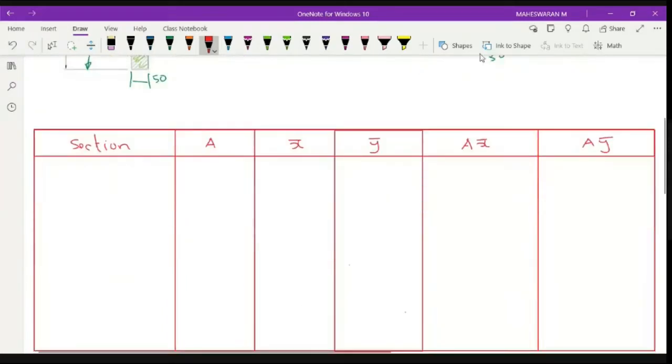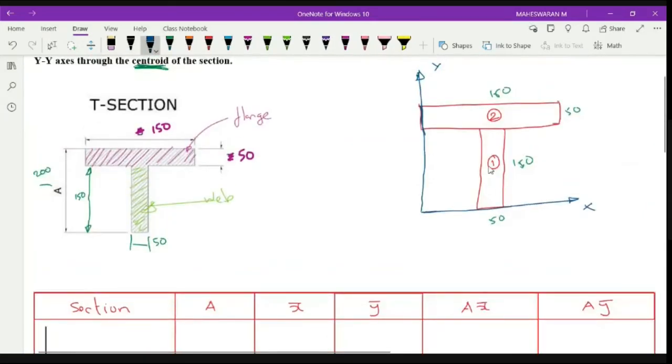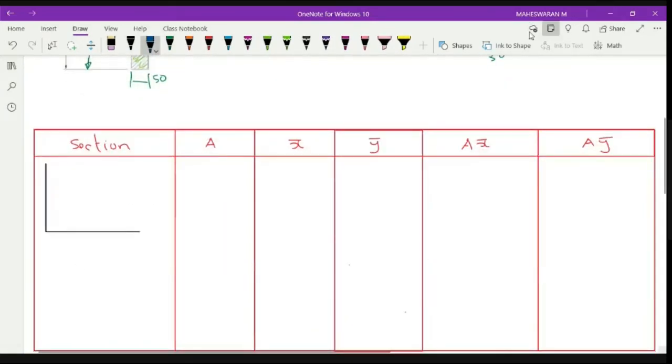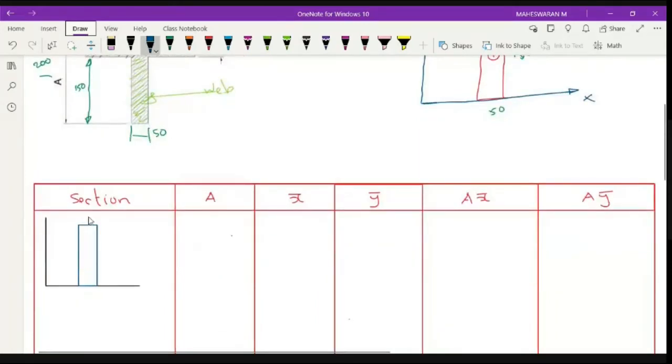The first section is something like here, somewhere like this. You know the dimensions: your breadth is 50 and height is 150.